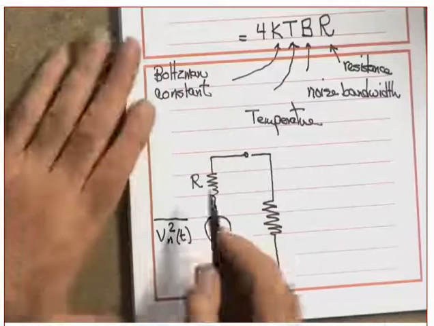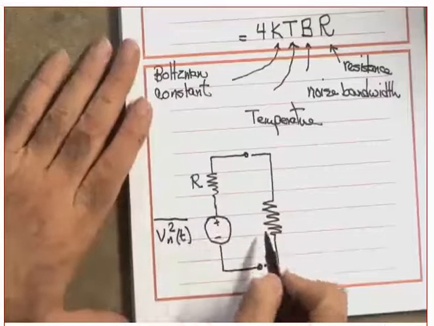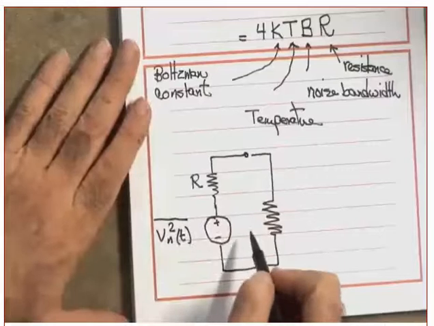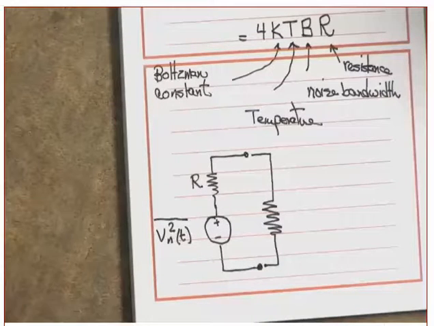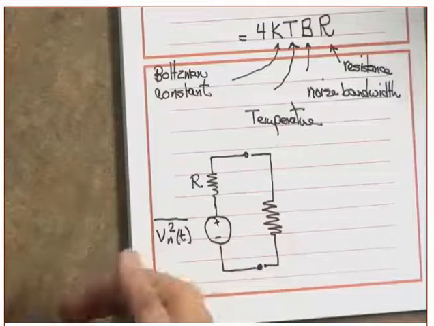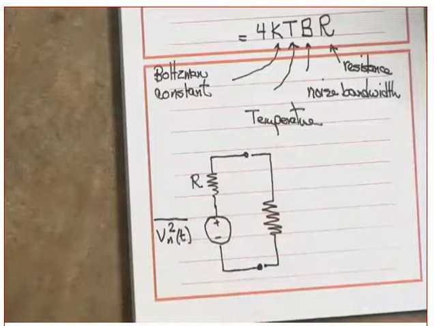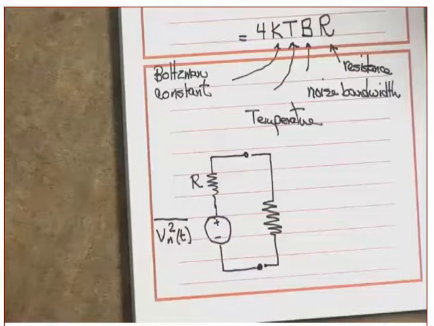The worst case scenario is the maximum power transfer. Maximum for a signal, by the way, is what I look for: for the desired signal, I look for the maximum power transfer. I don't want the power to be reflected back because of the mismatch. We'll talk about impedance matching shortly.